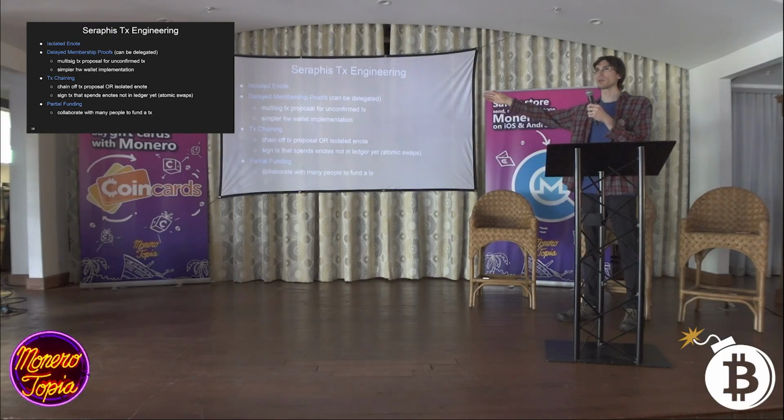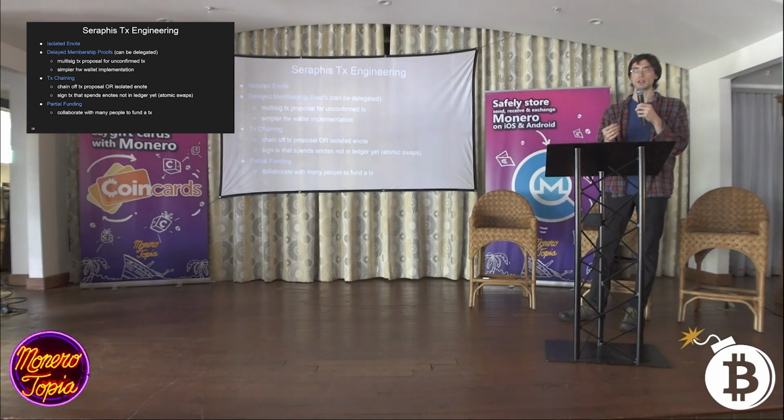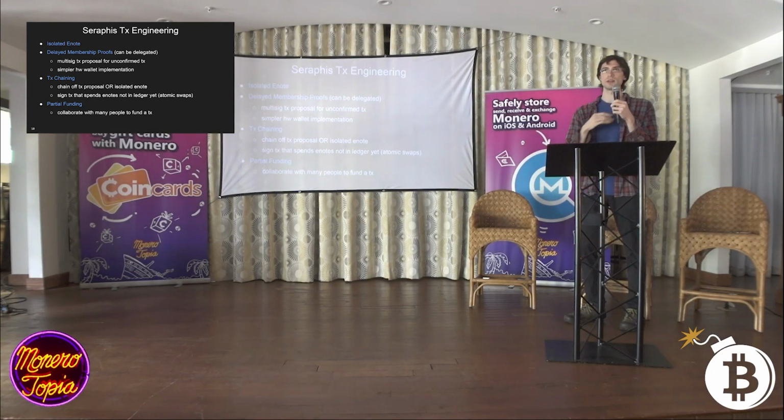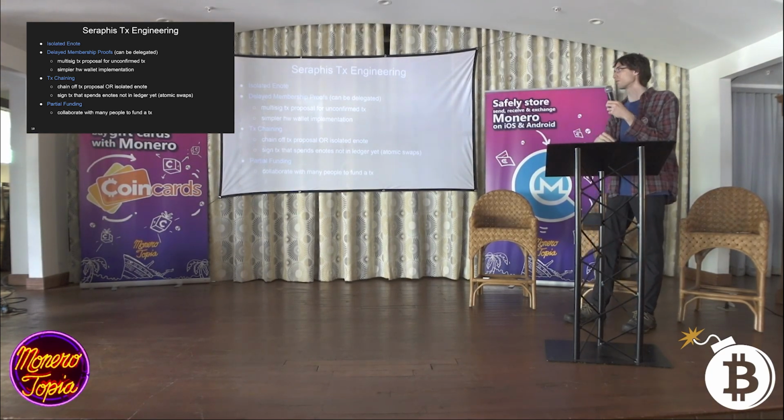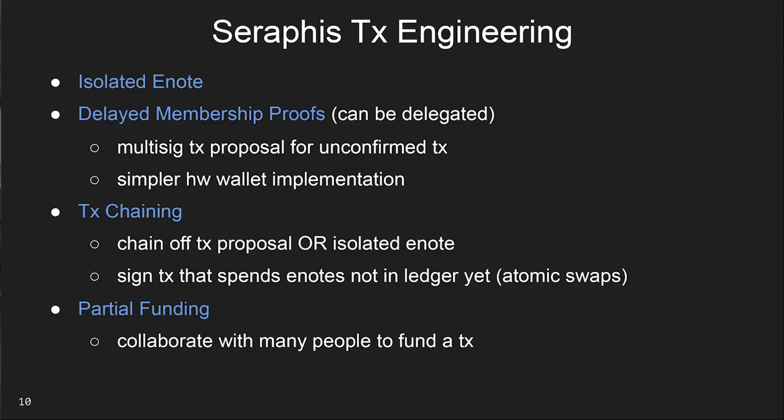So if the membership proof was built at the same time as when you start building the transaction, then the age of the references in the membership proof would reveal when the transaction was constructed. So by delaying the membership proof until the very end, you can remove some of that timing information. Although transaction fees are very contextual, so it kind of reveals some timing information anyway.